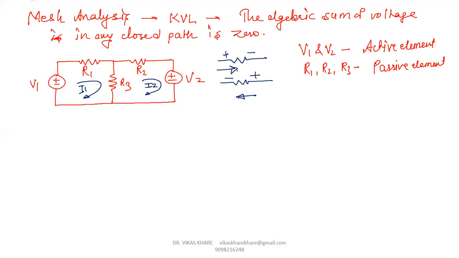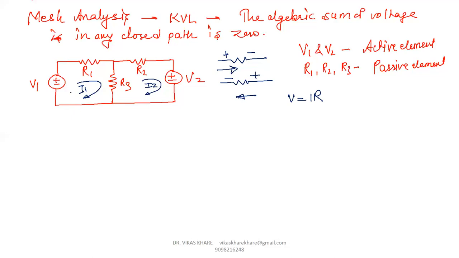According to KVL, current flows from higher potential to lower potential across a resistor. In this case, the unknown quantity is I1, and we use V equals IR.